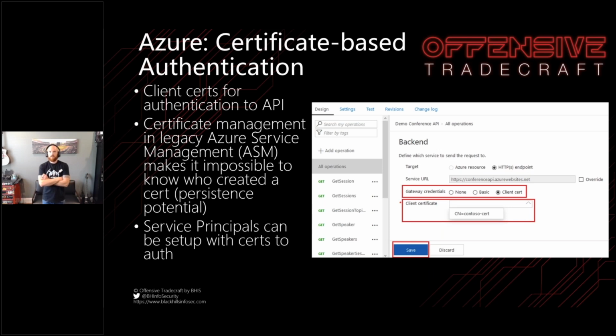In that case, they were considering it 2FA, right? I mean, it kind of is, because it's something you have and something you know, like your password. But in that case, we got access to this guy's email that was not 2FA'd, and we were able to get his cert from the email and then use the cert to authenticate. So something to consider is certificates in general. Next slide.